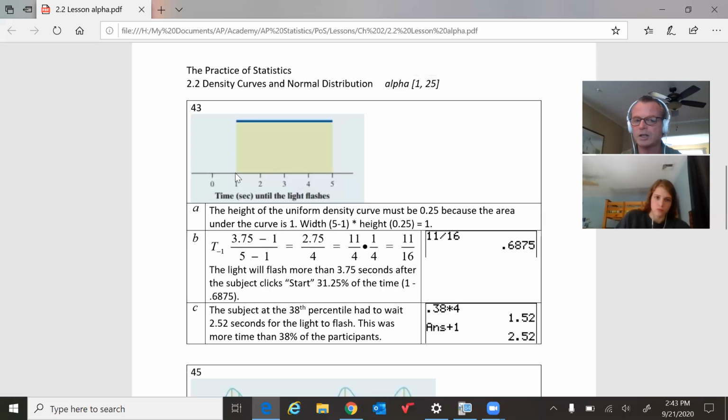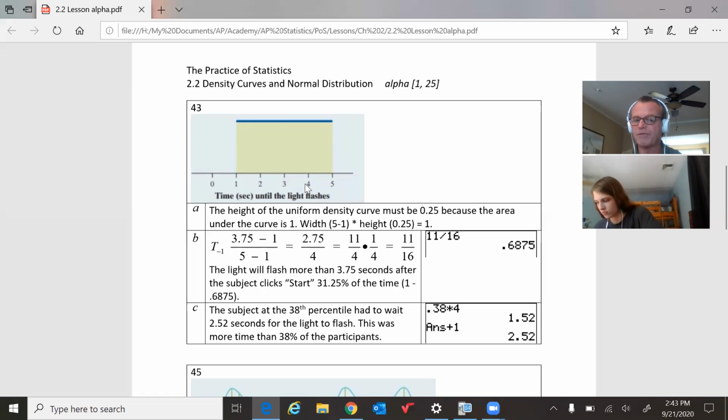See, this graph starts at 1. It'd be easier to do this problem if it started at 0. So if I shift everything 1 to the left, then I'm saying 2.75, more than that, and the base would just go from 0 to 4 instead of 1 to 5.